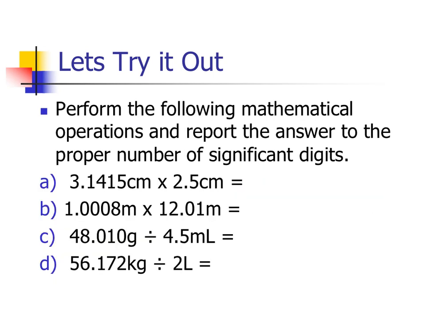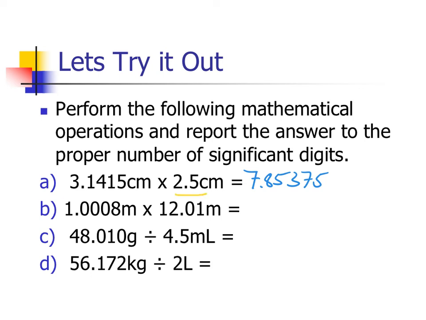Now for some multiplication and division. 3.1415. That sounds like an interesting number. Times 2.5. Get a really long number this time. 7.85375. There's a lot of numbers there we don't need.